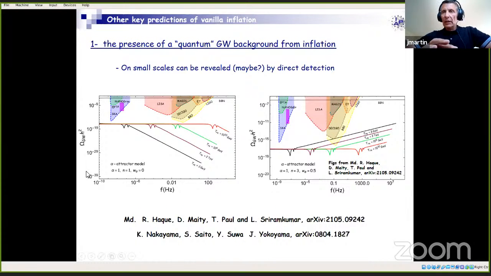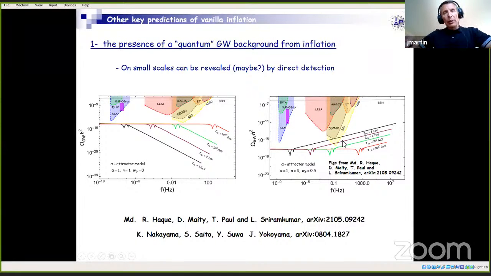So this is the omega gravitational waves versus the frequency with the different observatories, and this is the power spectrum of primordial gravitational waves. So this is scale invariant here, and then at some point you have a break here. The tilt in this regime can be red or blue.